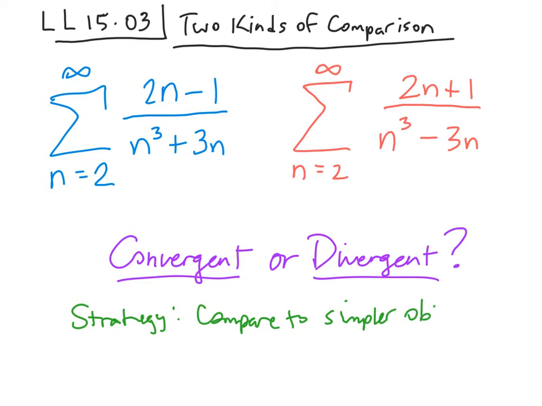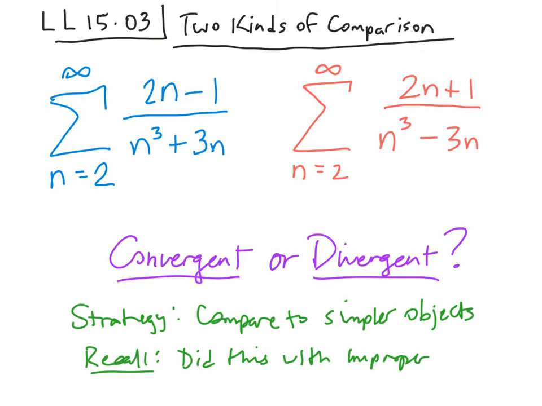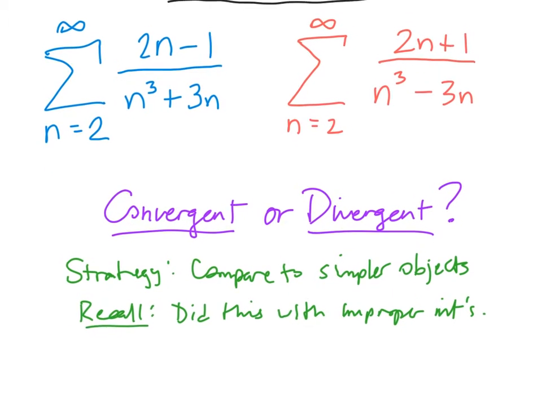Simpler objects, because with those we might just know offhand whether those simpler objects, those simpler series in this case, converge or diverge. So recall that we did this with improper integrals. All right. So we're going to try and use this idea now on infinite series.